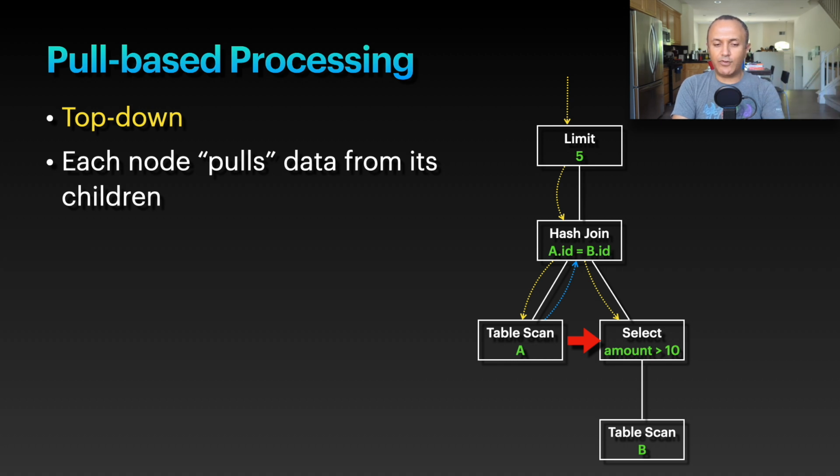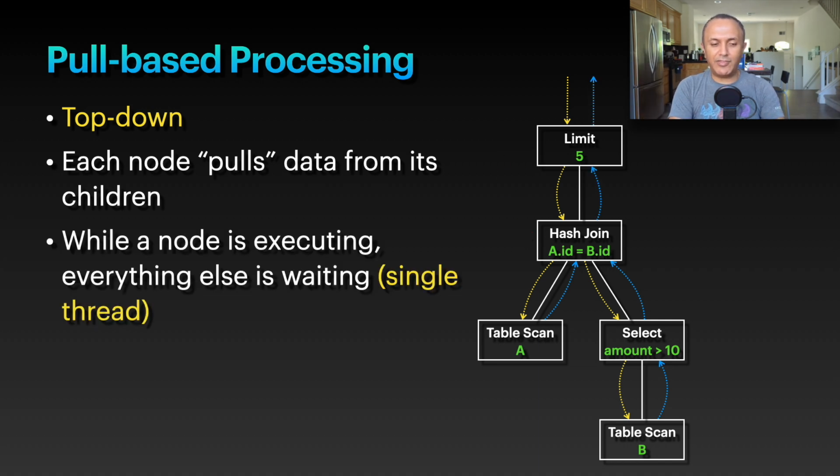So the select node, for example, has not done anything so far until the hash join started calling it. The select node is going to call the table scan. This will return a row, which will return something back to the hash join. And now the nodes at the bottom are not active until they get called again next time. And so on until we return, let's say, a row.